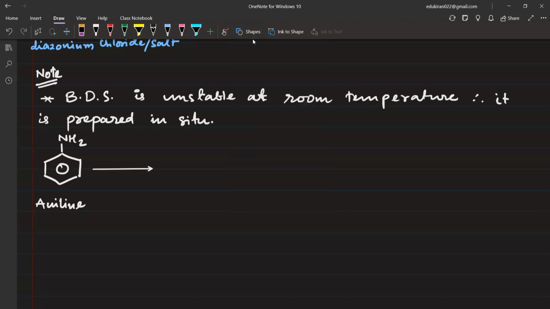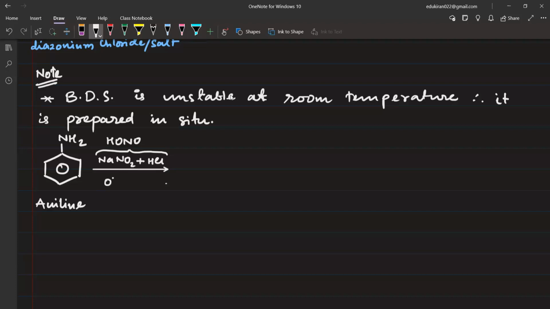Aniline is reacted with NaNO2 plus HCl. Now, NaNO2 and HCl give you HONO, nitrous acid.